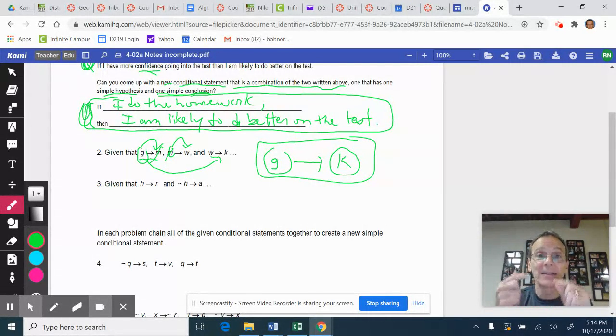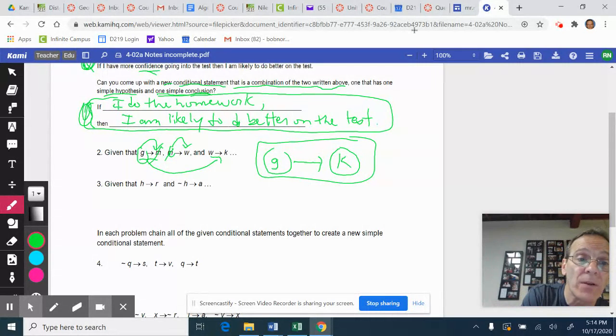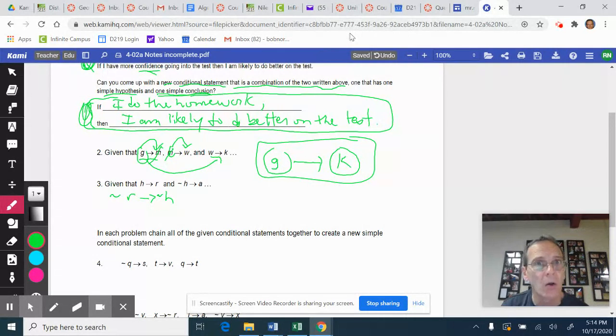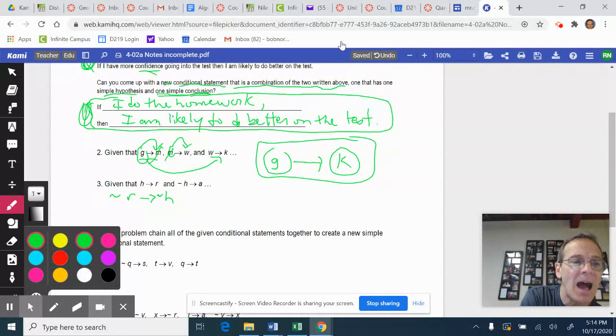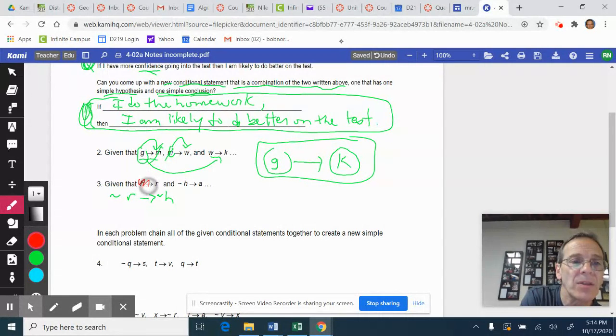Swap and negate. So we're going to swap the R and the H. Oh, but we also have to negate both of them. So it's going to be not R implies not H. Now, here's what I like to do, and I strongly recommend you do this also. Once I have written the contrapositive of a statement, I like to cross out the original statement.